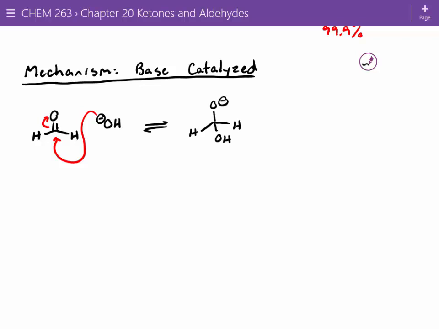And we end up going through a tetrahedral intermediate. So in this case, we're going from an sp2 hybridized carbon all the way up to an sp3 hybridized carbon that's tetrahedral. And in the next step, we have our proton transfer, where this can grab a proton off of water.